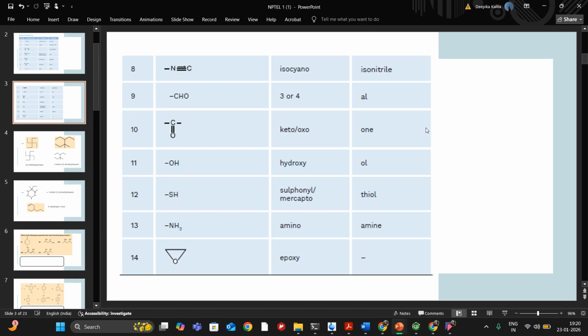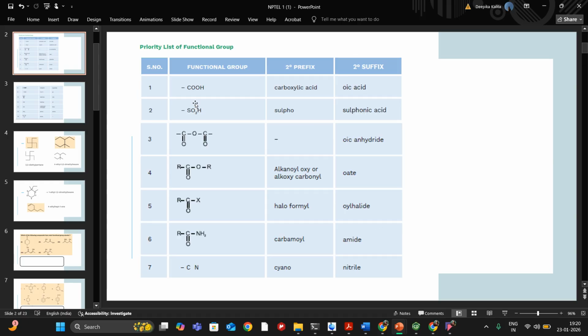So if we go back through this priority list, we can see that amine and thiol and epoxy, these 3 are the functional groups which have lower priority than the hydroxy group. The rest which were present in the question, the aldehyde and the carboxylic acid, will have more priority than the hydroxyl group.